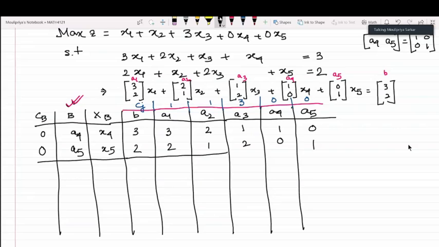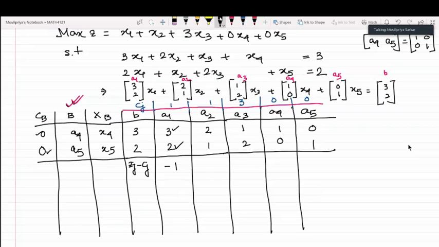Now, what do we need to check? This is exactly a revision of what we had done this Saturday. We will be required to calculate index number, which is Zj minus Cj. And that would be, for this column, 0 into 3 plus 0 into 2 minus 1. So this is minus 1.